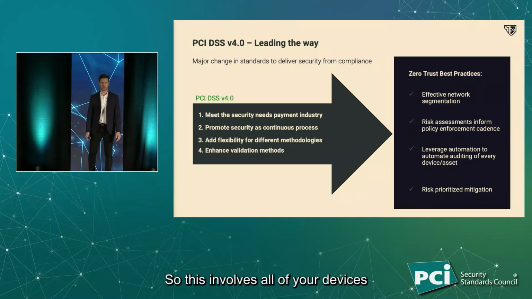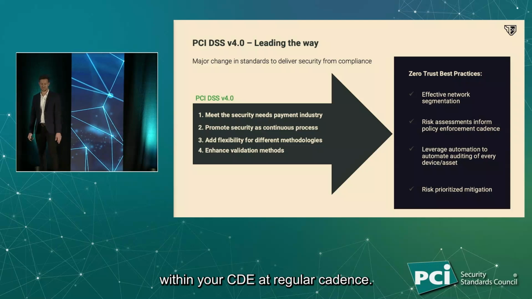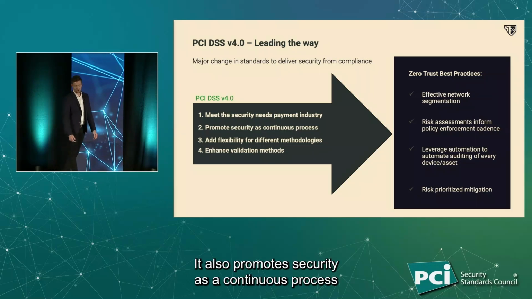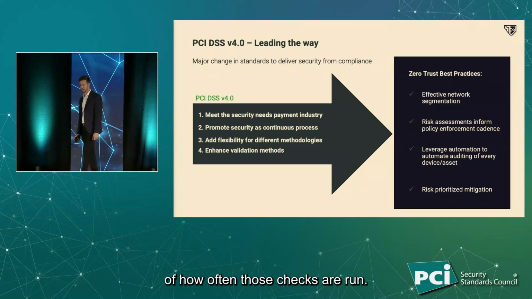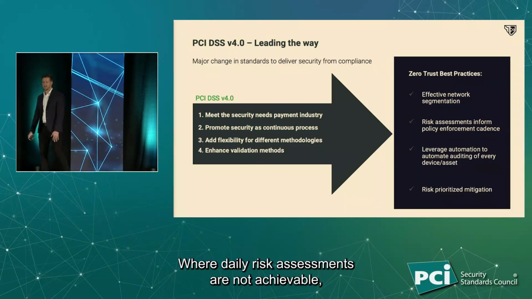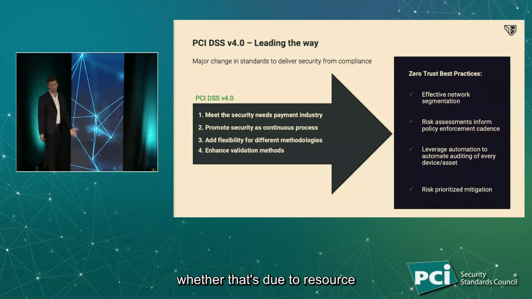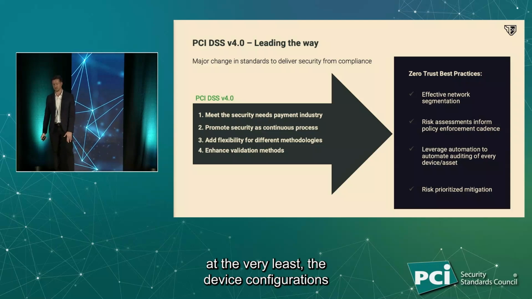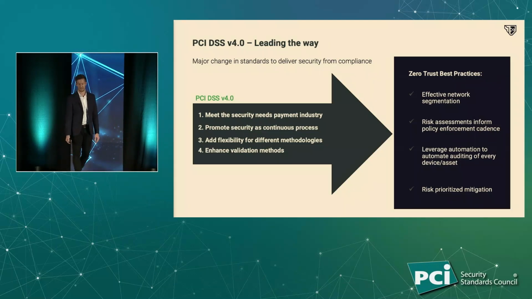So this involves all of your devices within your CDE at regular cadence. It also promotes security as a continuous process, and that risk assessment should drive the cadence of how often those checks are run. Where daily risk assessments are not achievable, whether due to resource or technology constraints, at the very least, the device configurations that have changed should be checked.